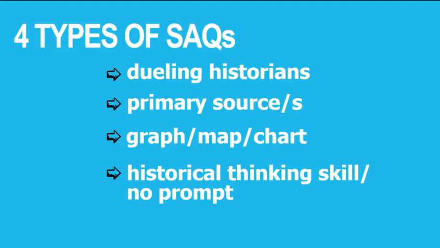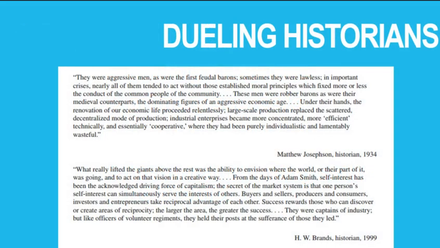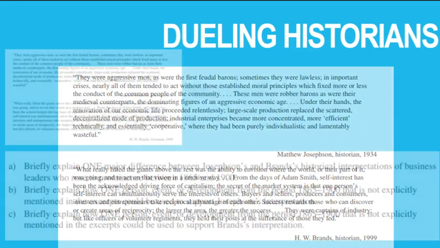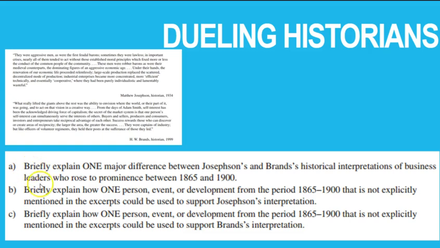By the way, feel free to have our substitute pause this, and this is on Google Classroom for your reference if you want to review this stuff. So here's an example of one of the dueling historians. Kind of like what we did yesterday, you have 2 historians with very different views on capitalism in the late 1800s. Then the College Board is going to ask you questions.